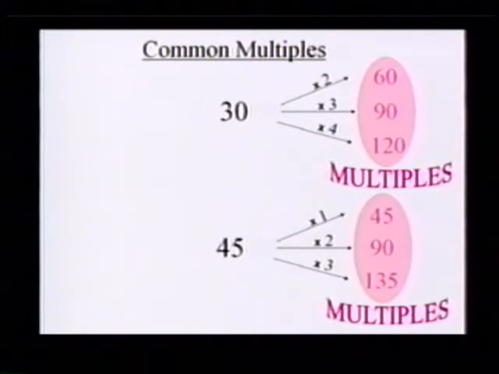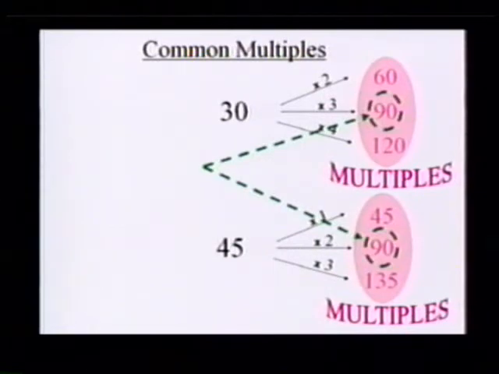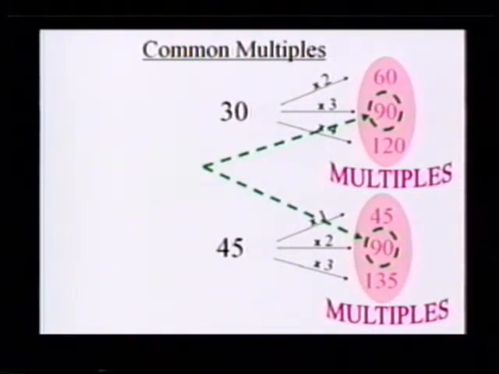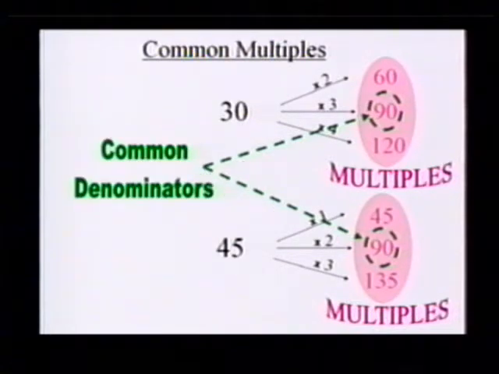Now, what do we use that for? Well, we looked at things that had common multiples. For instance, 30 and 45 had a common multiple of 90. Now, you may not remember these as common multiples, because we didn't call them that. We called them common denominators, because we were covering fractions, and they were of great use.